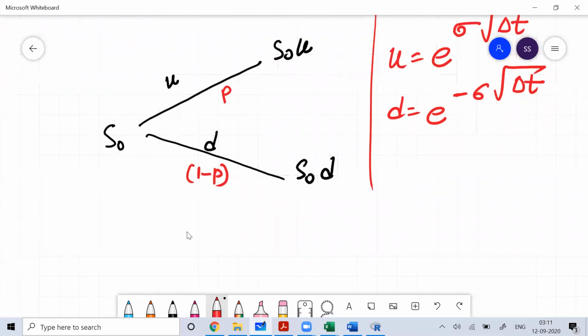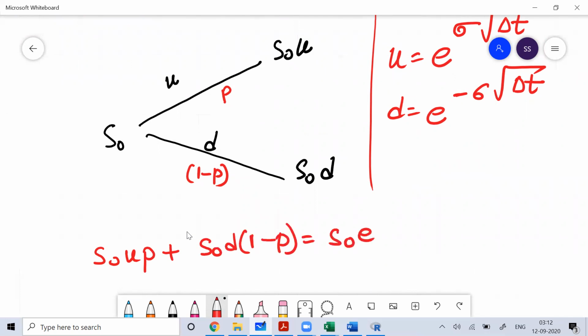Now mathematically, if I use the cost of carry model, I can write S naught U into P plus S naught D into 1 minus P, that will become S naught e to the power RT. Complication happens when I talk about two stage or three stage model.